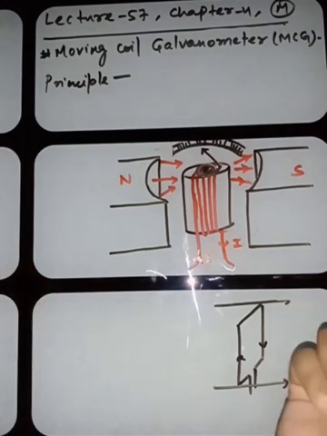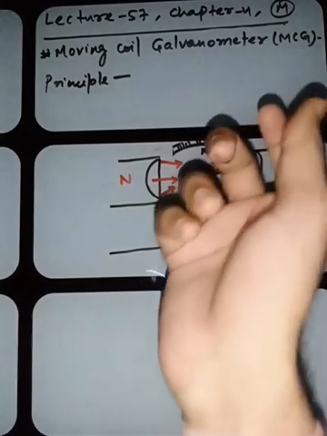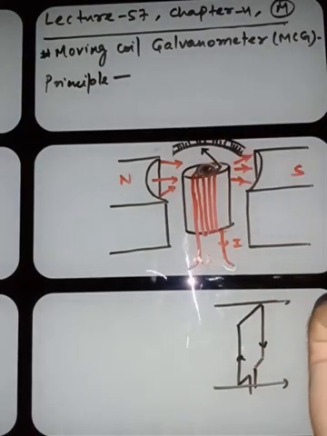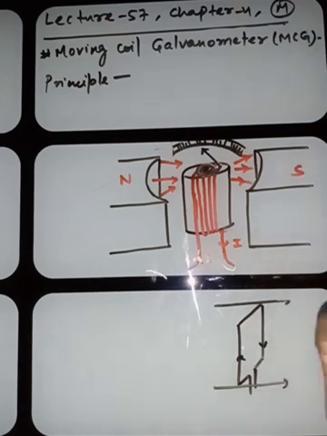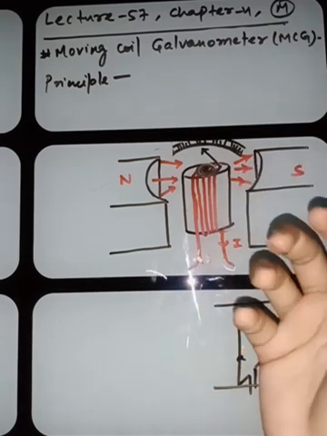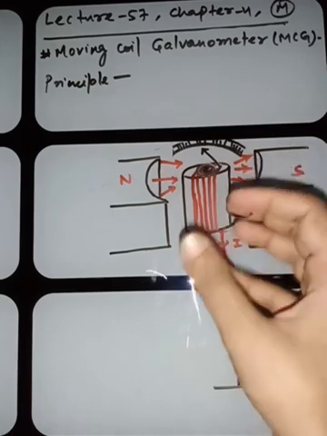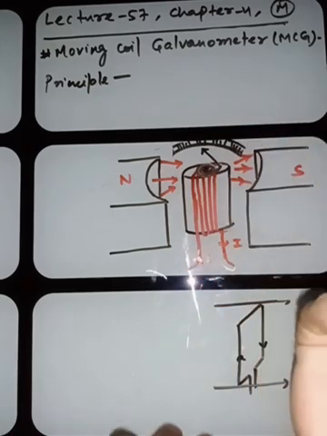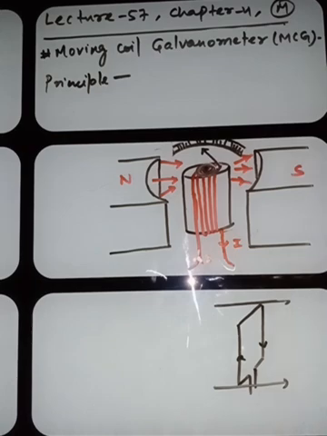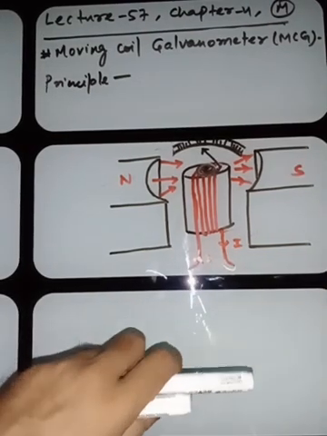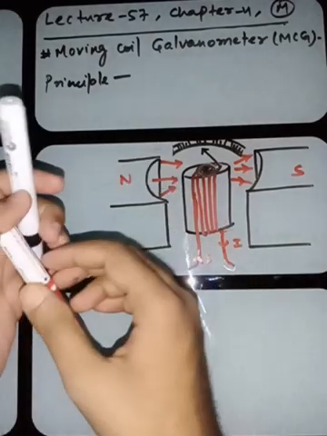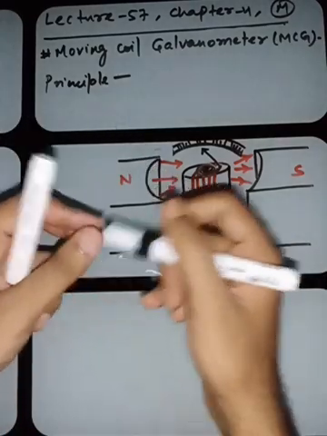If you use steel or copper for making the spring, after some twisting the dimension or the structure may be distorted. That's why we use that particular material in the moving coil galvanometer. Such a question may be asked in your board examination. Okay, my dear student.